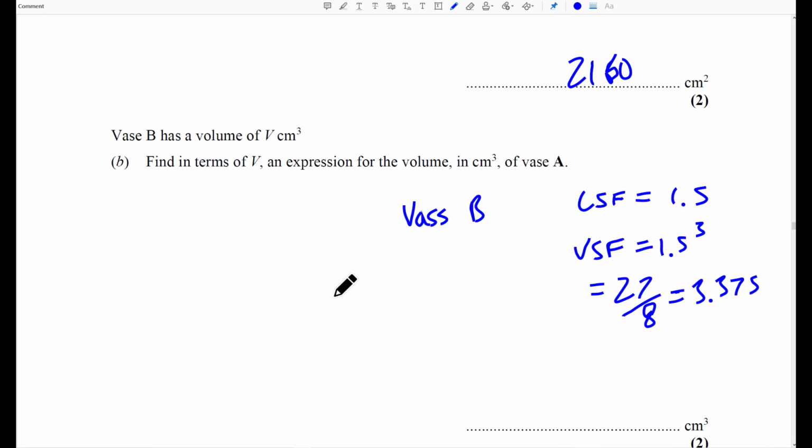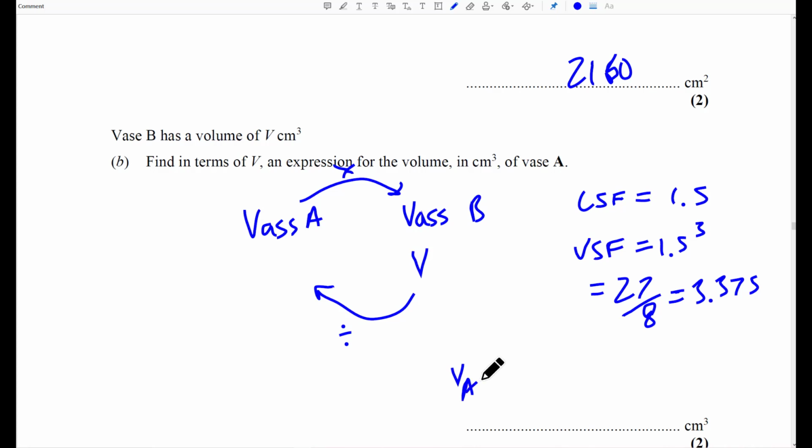So from base B, the volume is V, and to base A, well, this way you times, right? So this way we've got to divide. So the volume of A should equal V over 3.375.